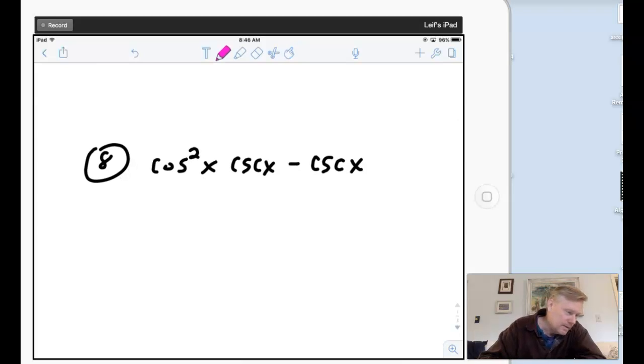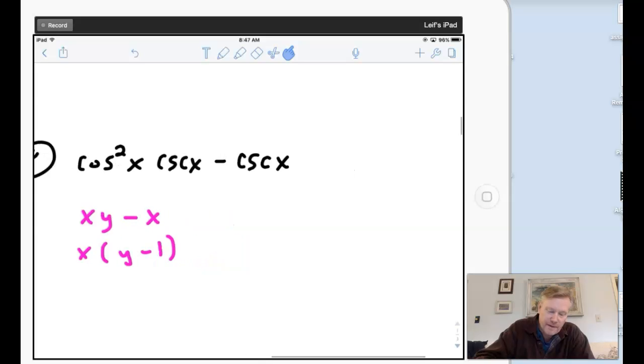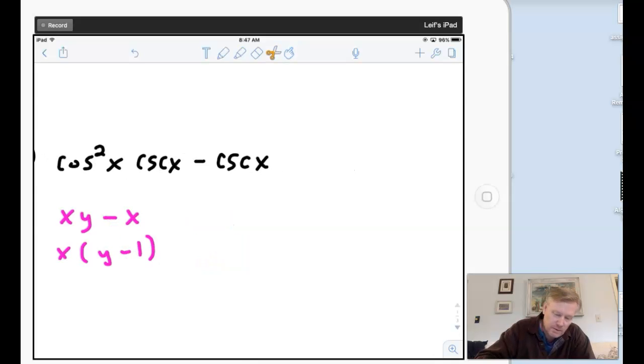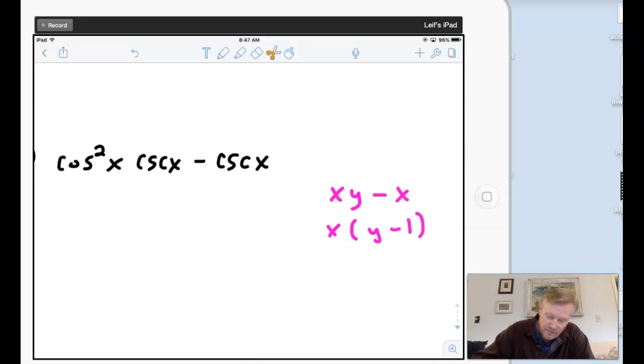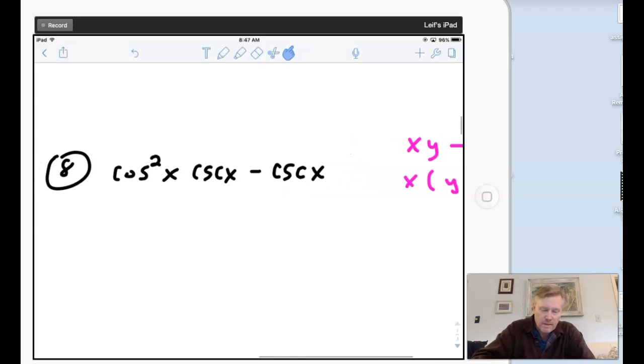Number 8. This one's a little different. This one's a little more of a factoring problem. You see how both of those terms have a cosecant of x? So I can factor that. Here's just a quick example of basic factoring. If I had xy minus x, I could pull an x out of both of those terms, right? And be left with y minus 1, something like that. This is the same idea.